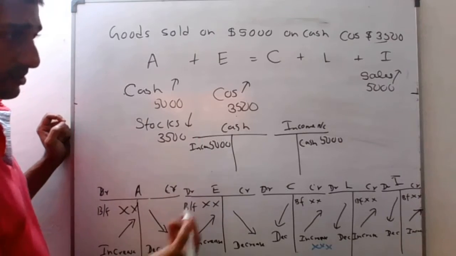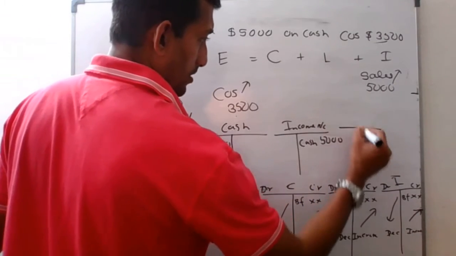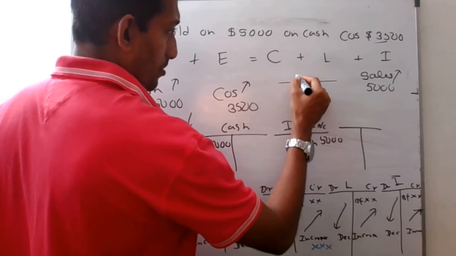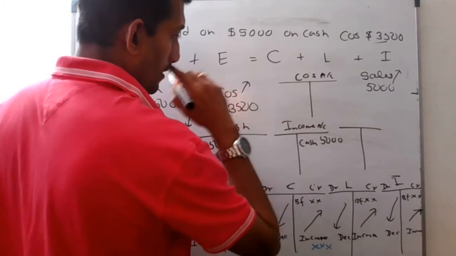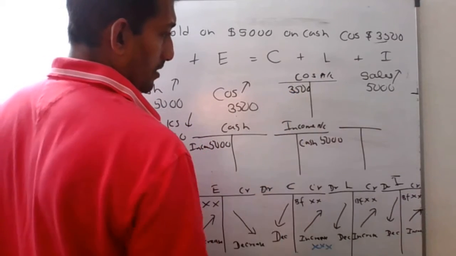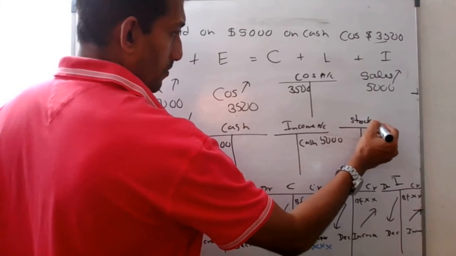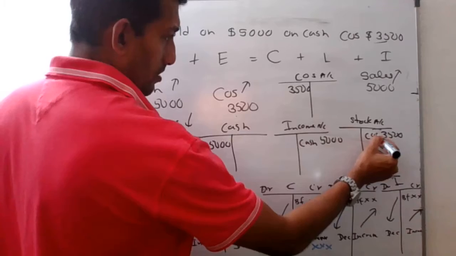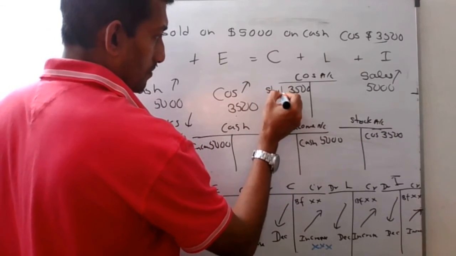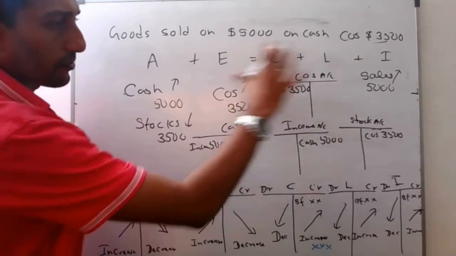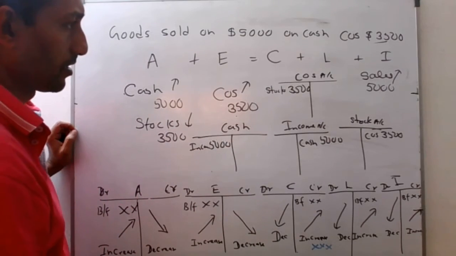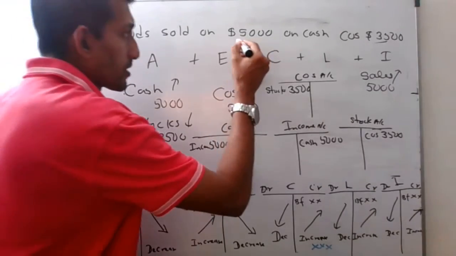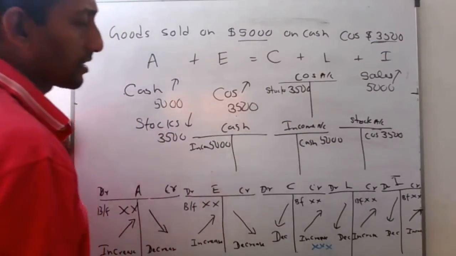At the same time, I have the cost of sales account and my stock account. The cost of sales will increase by 3,500 and my stocks account or the inventory account is reducing by 3,500. So I'll write here cost of sales and here stocks. So you can see the four entries in the ledger. This is a good example where we record a cash transaction where you have a sale price and the cost of sales in the ledger.